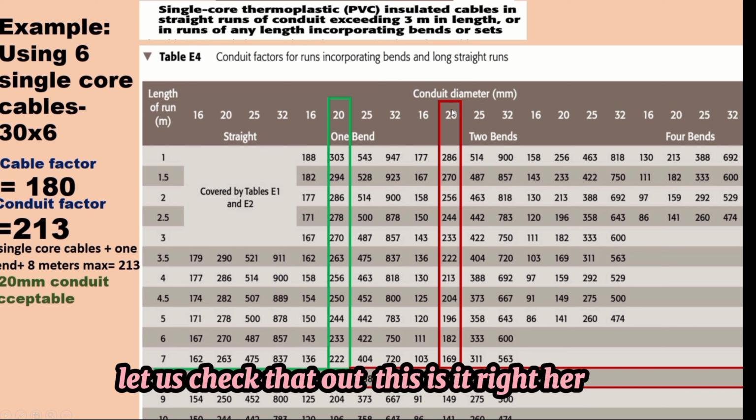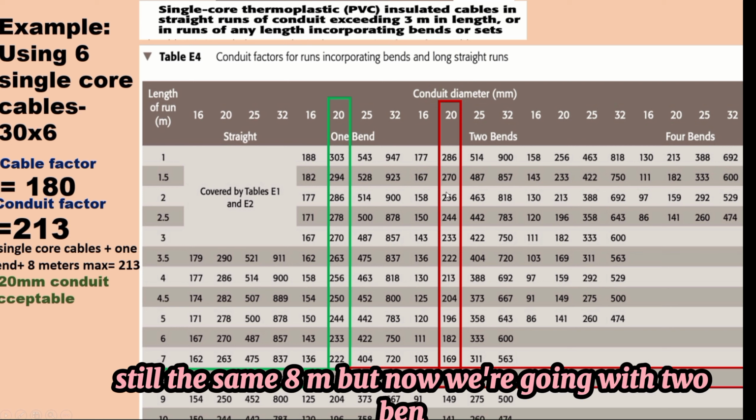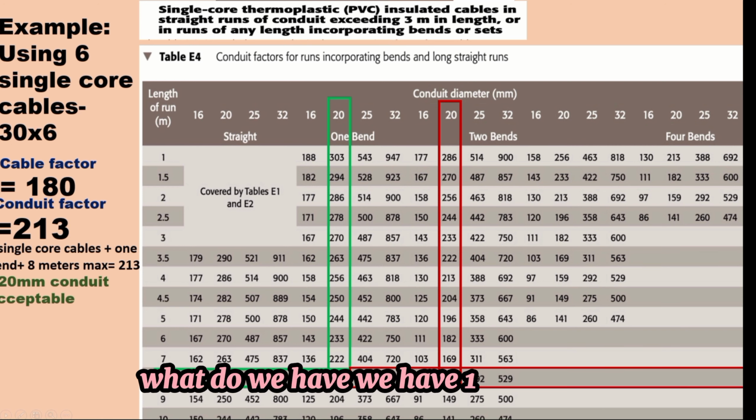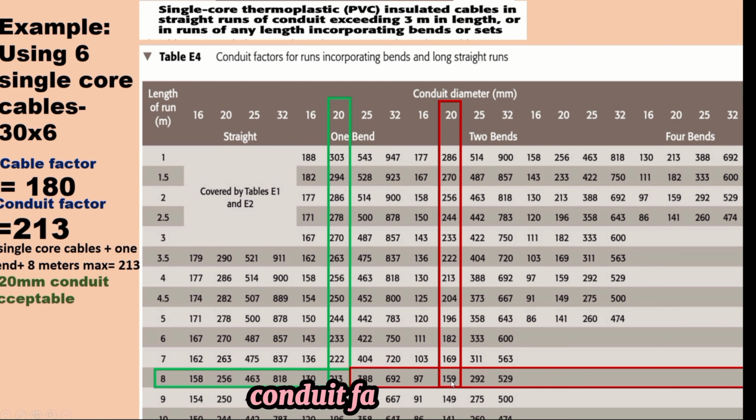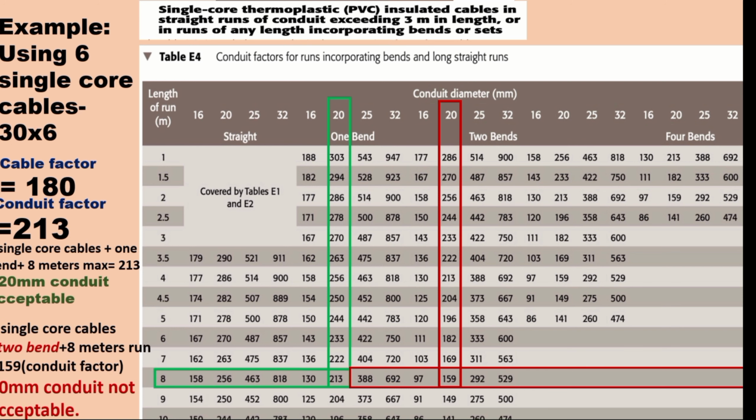This is it right here. We have 20 mm conduit, still the same 8 meters, but now we are going with 2 bends. What do we have? We have 159, and this is the conduit factor here. Can we still install this same conduit size with 2 bends?